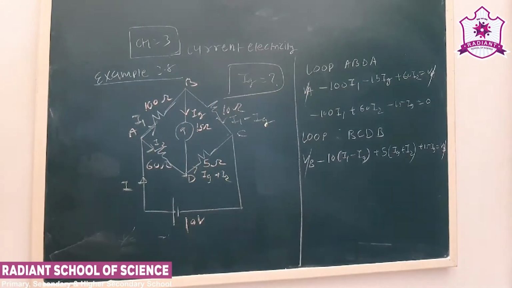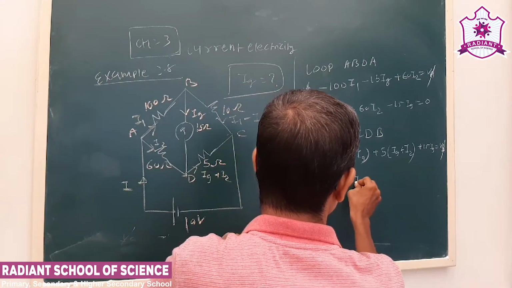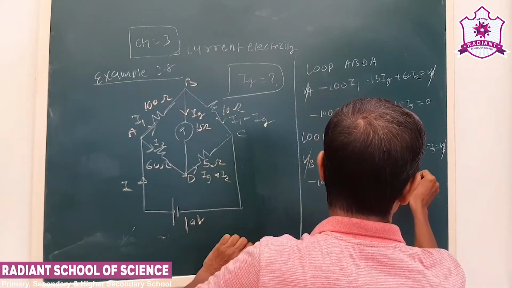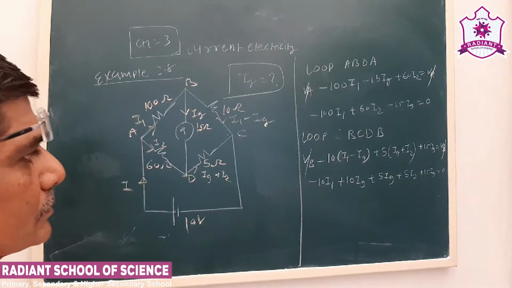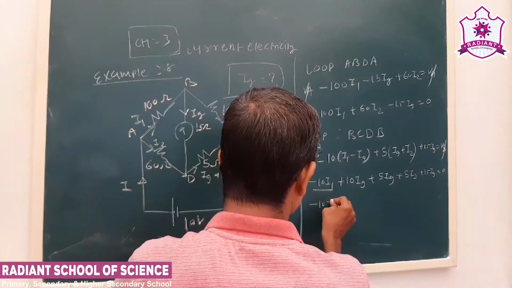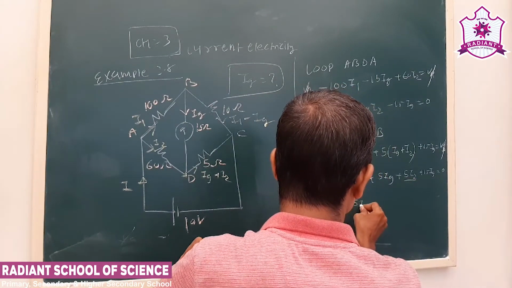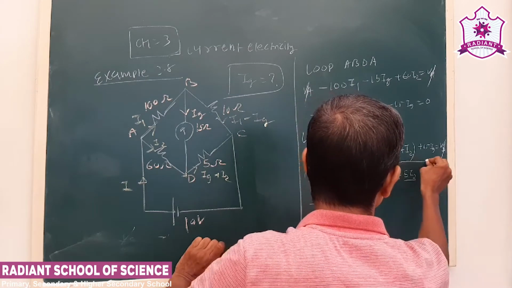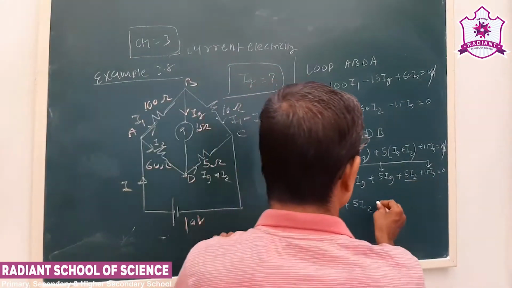Now minus 10 I1 plus 10 Ig plus 5 Ig plus 5 I2 plus 15 Ig. The term with I1 only is minus 10 I1, then 5 I2, and Ig has three terms: 10 plus 5, 15 plus 15, 30.